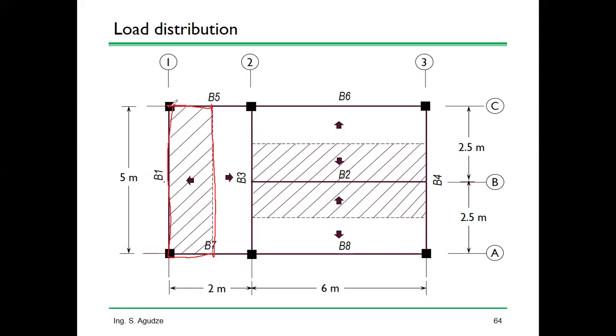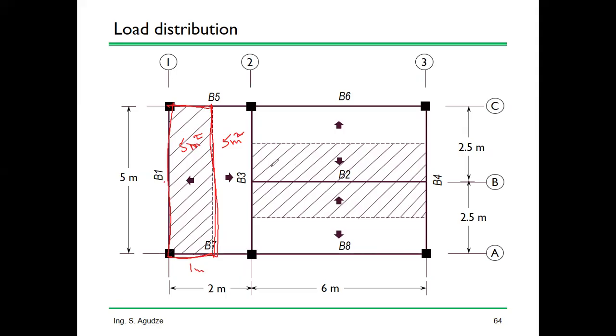We need to calculate this area and keep it. This is 1 meter, so this area will be 1 times 5, which is 5 meters square. It means that this white place is also 5 meters square.